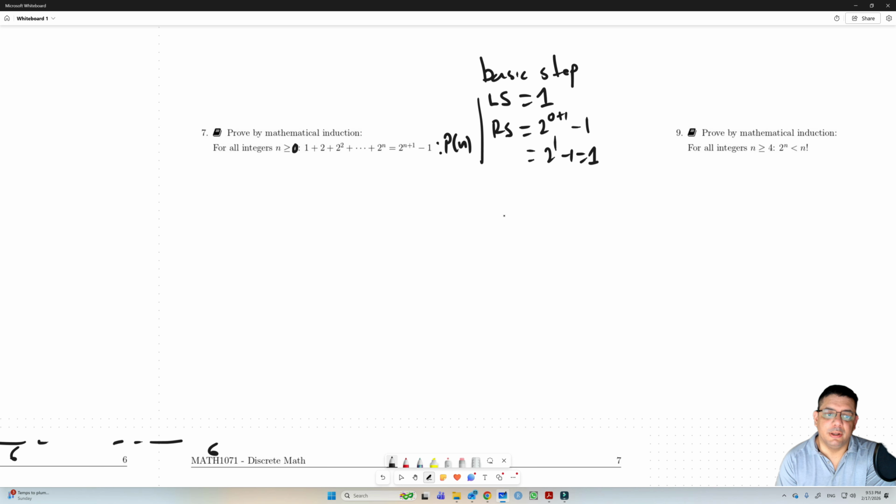Okay. Notice that if I actually just do 1, 2 to the 1, that's going to give me 1 plus 2, because 1 is only possible to get with these powers if this is 2 to the 0. So it has to be 2 to the 0, 2 to the 1. And so if you test it with 1, then the left side is just going to be 1 plus 2, and the right side is just going to be 2 to the 2 minus 1, which in both cases is equal to 3.